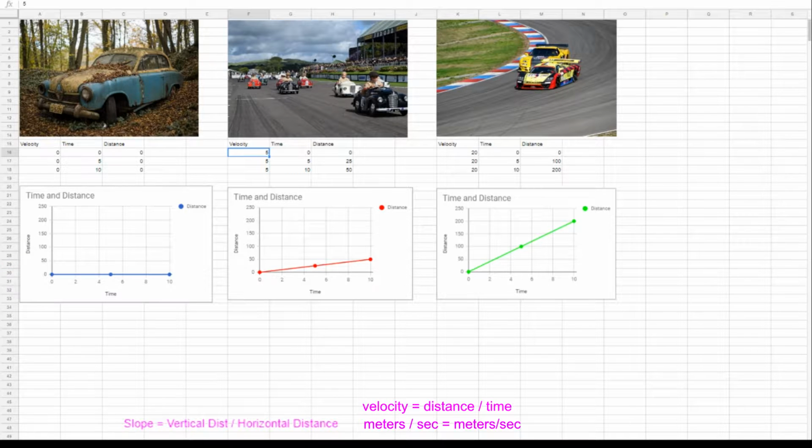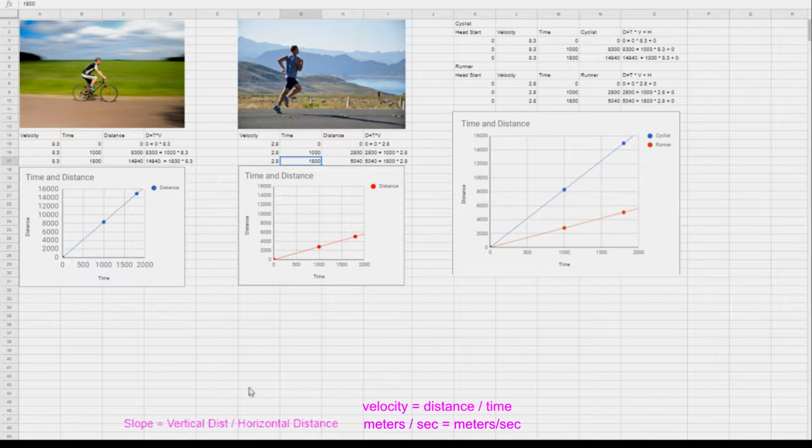Now let's look at that some more. Here we have two different people, one riding a bicycle, the other running. The bicycle obviously is much faster than the runner. And if we look at the curve, again, of distance versus time, we'll see that the slope, that is how far the line goes vertically, that is the distance, versus horizontally, the time, is steeper than it is for the runner.